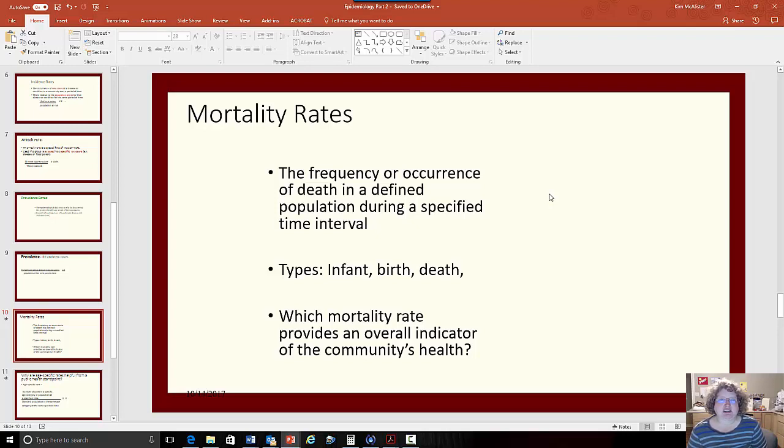The population in the United States that has the highest infant mortality rate is African American women. And interestingly enough, it does not matter what socioeconomic group the African American women are in.